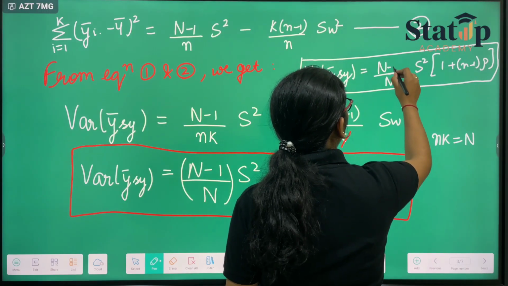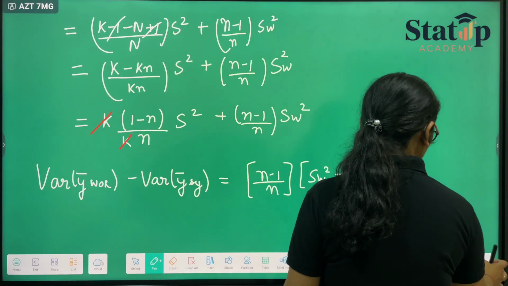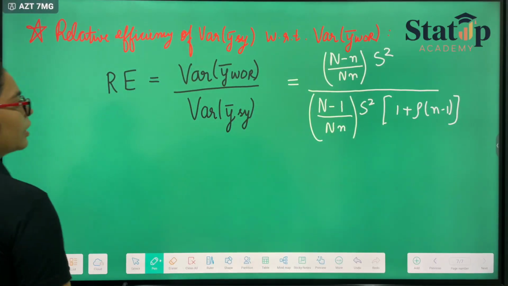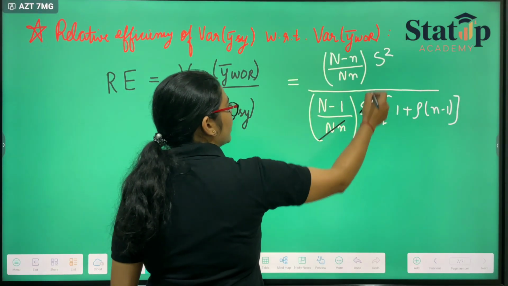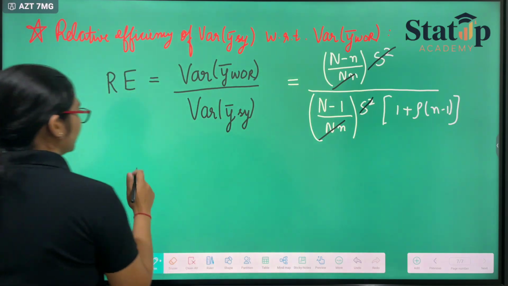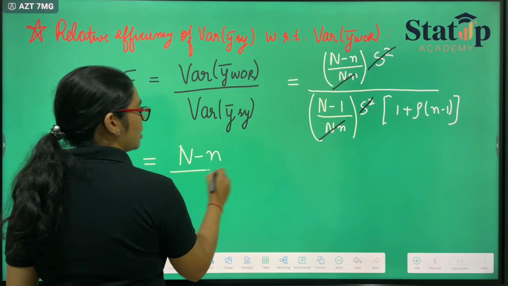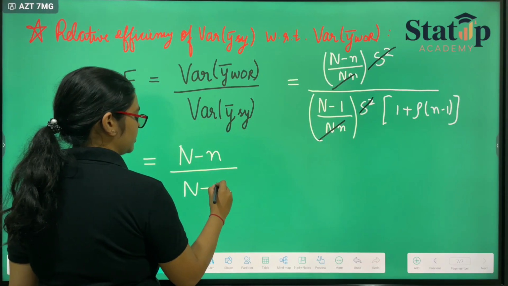Here also it is n minus 1. This is the formula. So n and S square will get cancelled, and we are left with capital N minus small n upon capital N minus 1.